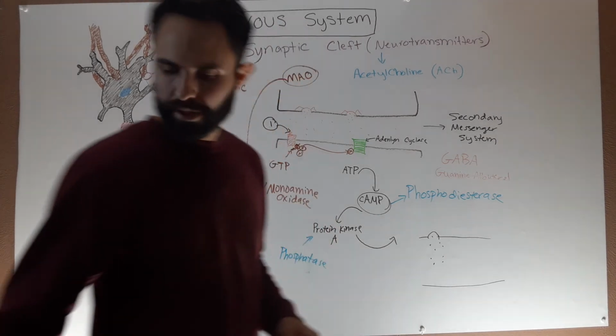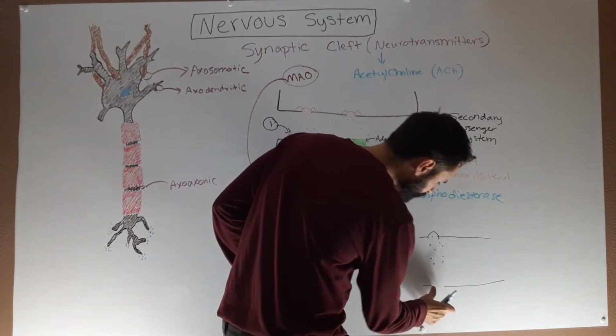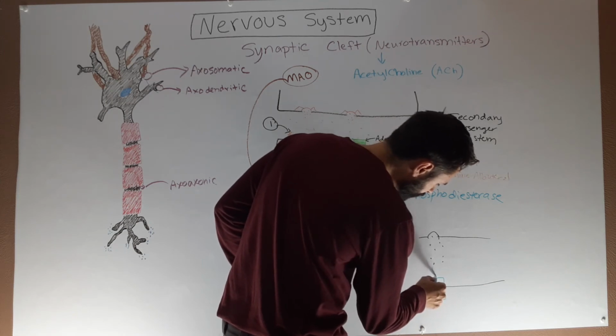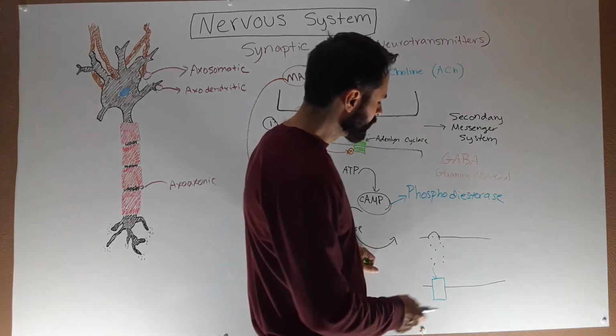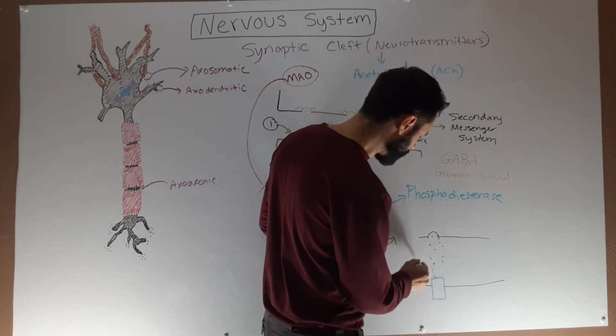But anyways, if you have your receptor down here, your GABA receptor, this will bind to it. And the difference with this is that it's going to be an inhibition. So what's going to happen is rather than sodium, you're going to have chloride.